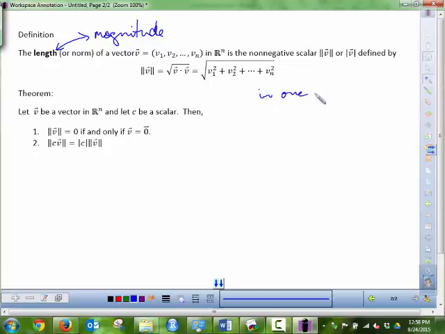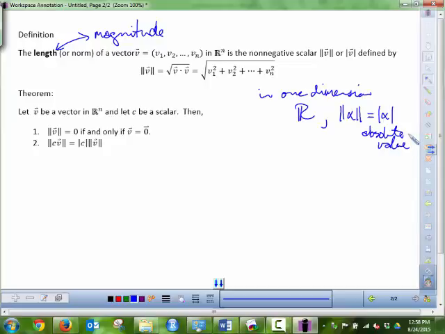So in one dimension, let's call it R, the length of a number, this is alpha, is the absolute value. So it's the same thing.